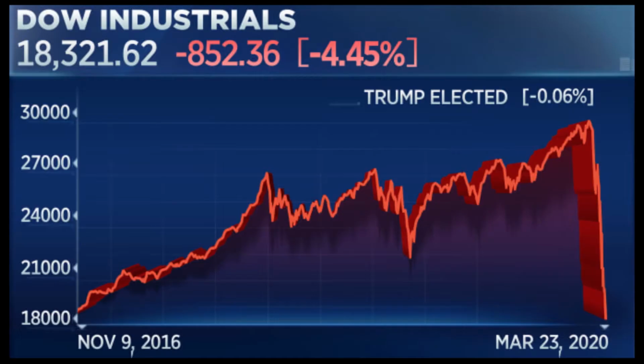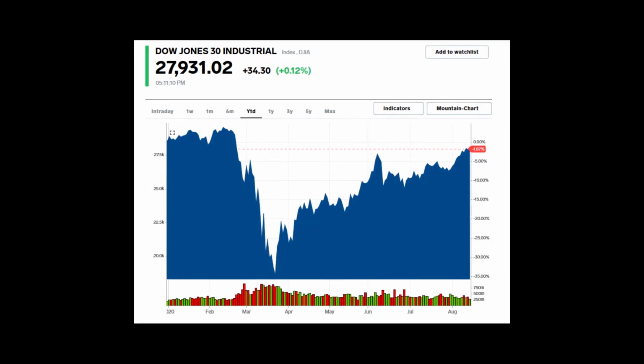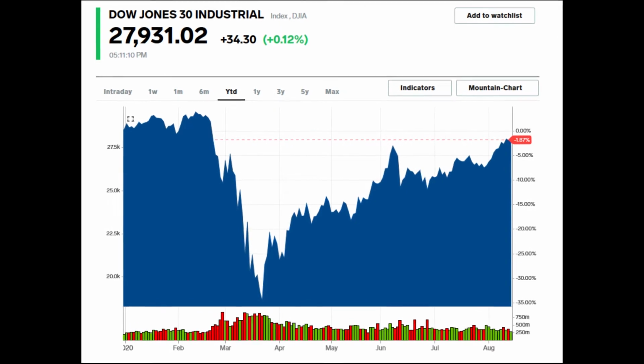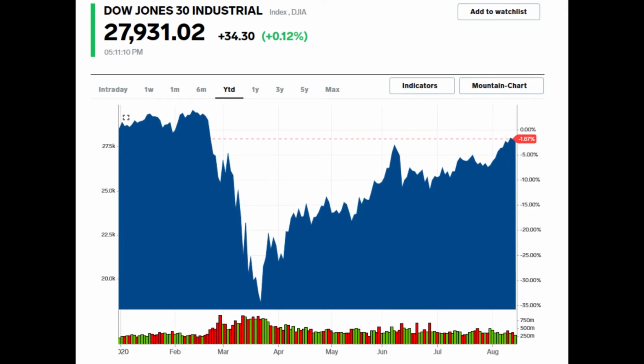Okay, so just to go on here, take a look at this chart. This chart was the March 23rd low of the Dow Jones Industrial Index when it hit an intraday low. This is not a closing low, this is an intraday low of 18,213. Quite a dive. Okay, so now we go from March 23rd up to this past Friday, which was August 14th, and you can see by this chart the Dow Jones Industrial Average closed on 8/14 at 27,931.